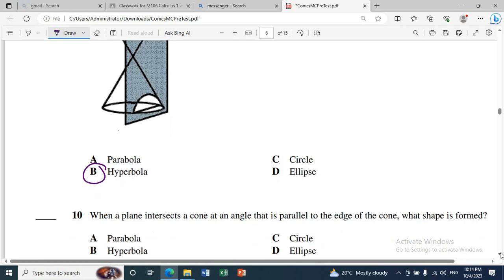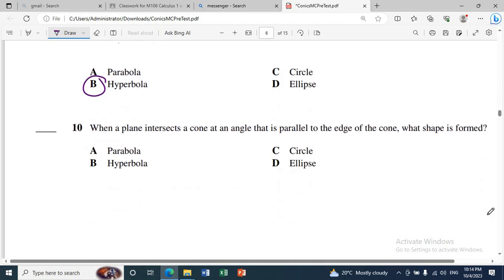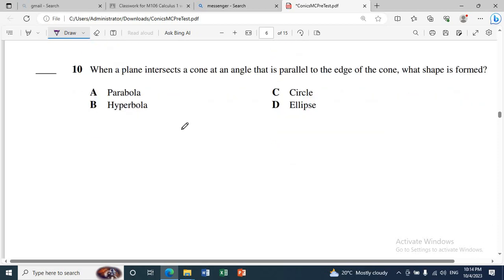Number 10. When a plane intersects a cone at an angle that is parallel to the edge of the cone, if you have a cone, the edge is this one, the one joining two planes.